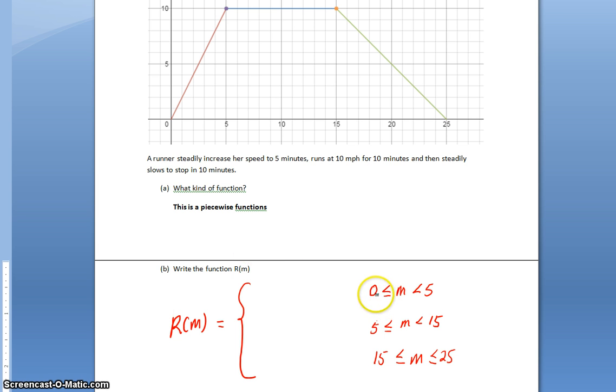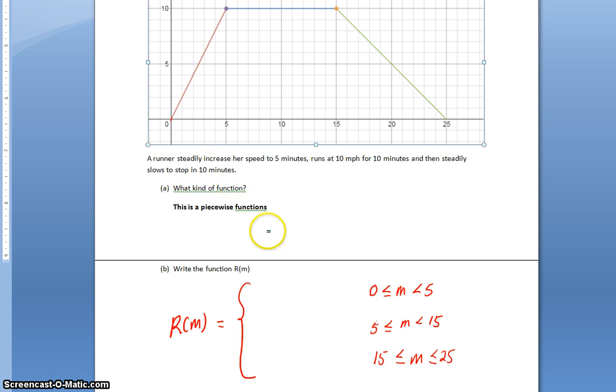So now look at the interval 0 to 5. How am I supposed to write the function here? Remember your linear equation. So this is linear. You will find the slope and the y-intercept for this piece. It intersects at 0, so the y-intercept is 0. And the slope is rise over run. Let's just count boxes today.